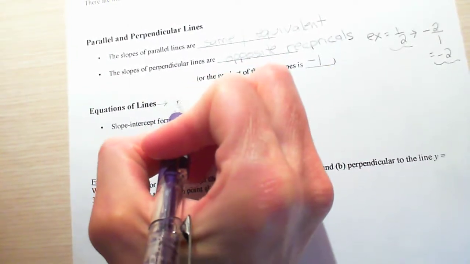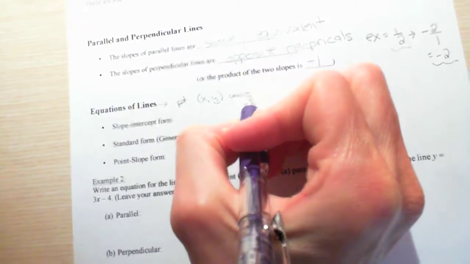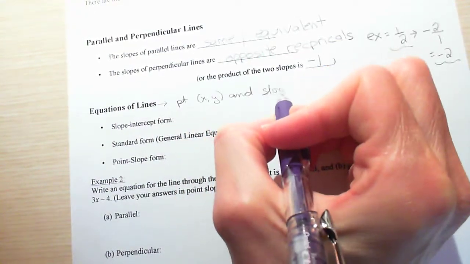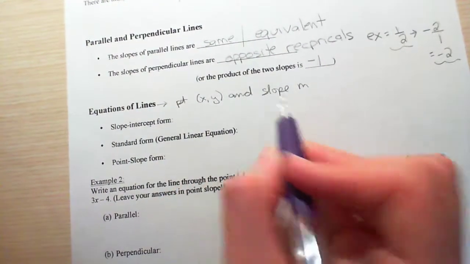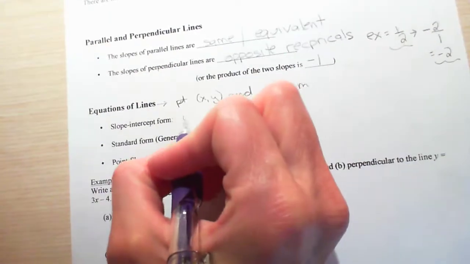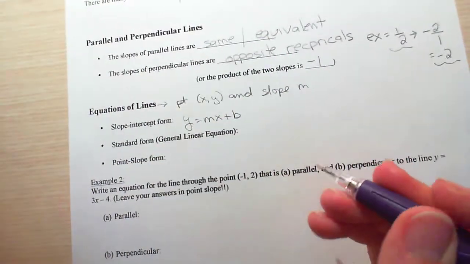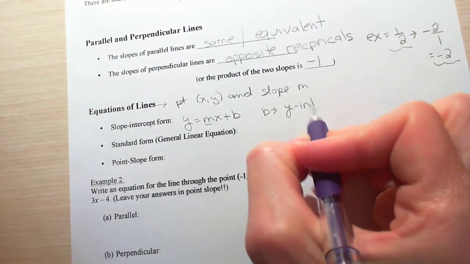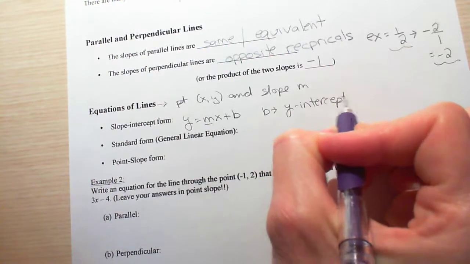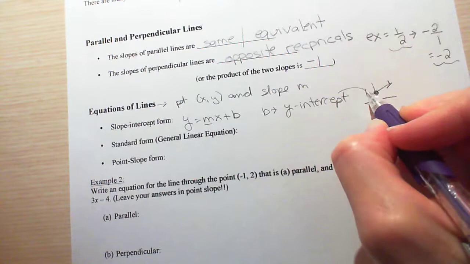Now these are different ways to write an equation of a line. What do you need to know to write an equation of a line? You need a point, an x and a y, and you need a slope, which we call m. So to write an equation of a line, you need a point and a slope. Slope-intercept form looks like this: y all by itself on one side of the equal sign, there's your slope, and b is your y-intercept. That is the point where your line intersects the y-axis.